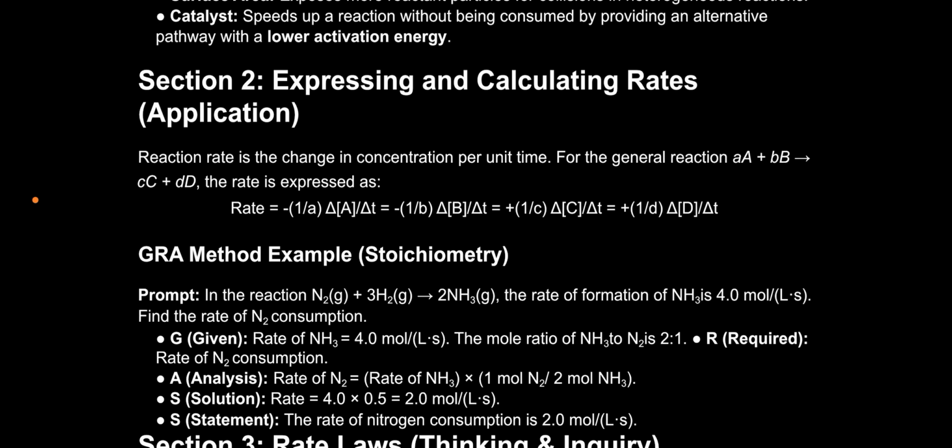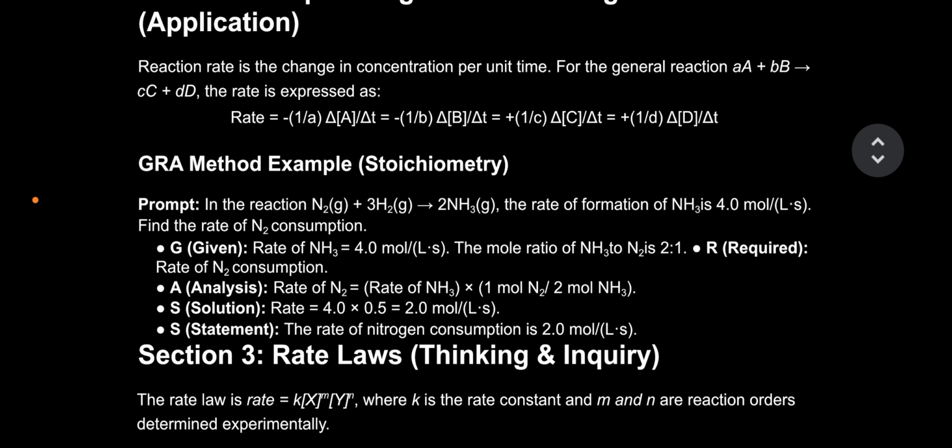The changes are the capital letters, and the little letters are the 1 over. Example: in the reaction N2 plus 3H2 equals 2NH3, the rate of formation of NH3 is 4 moles per liter per second. Find the rate of N2 consumption.